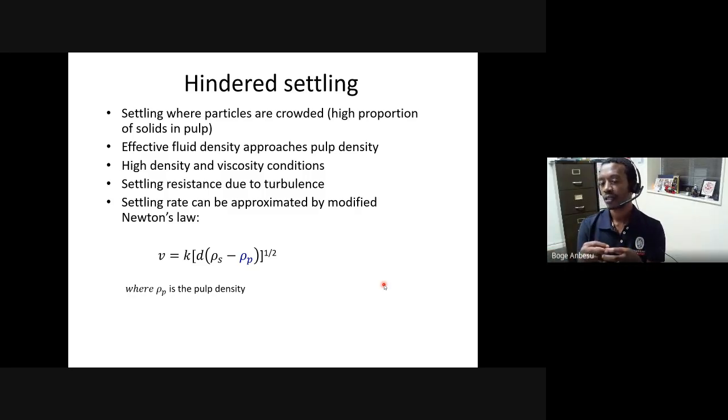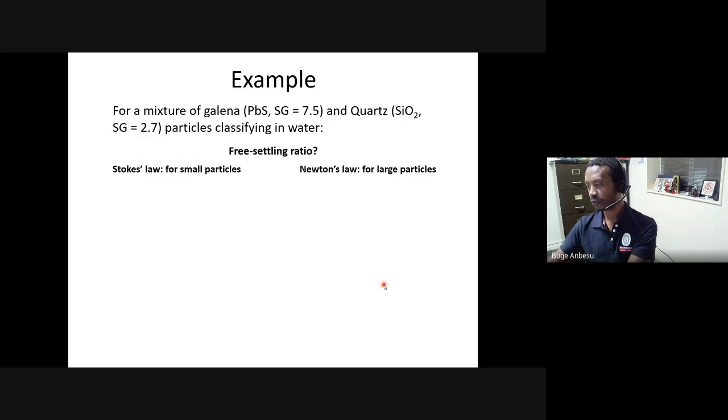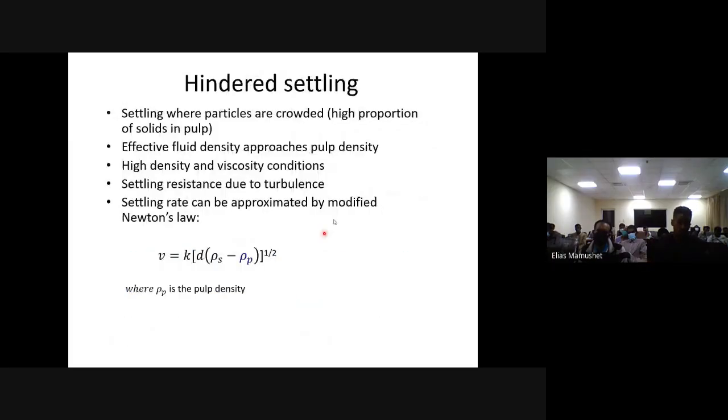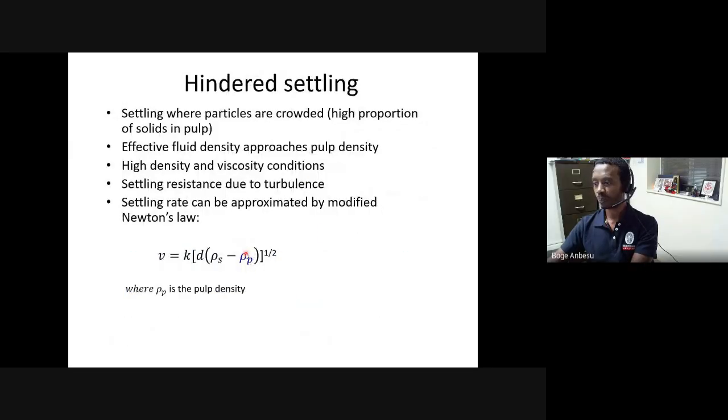So in this case, instead of assuming water as the media, you can actually assume the pulp itself as the media in which the particles are suspended. So if you look at the previous example, we're looking at fluid as a medium. But in the hindered settling case, we're actually looking at the pulp as a medium. So instead of fluid density, we're looking at pulp density. In any case, this is a hindered settling condition where particles are overcrowded.